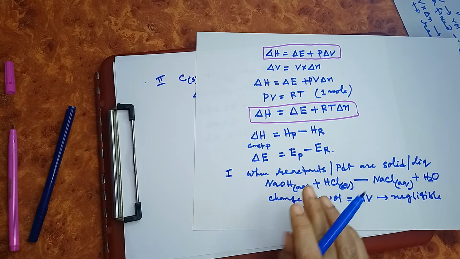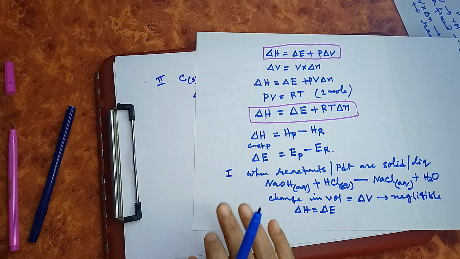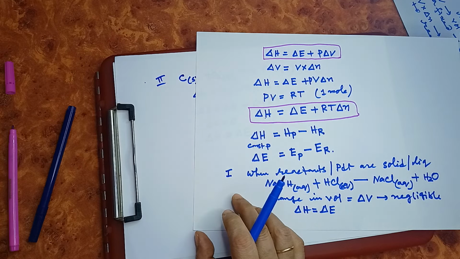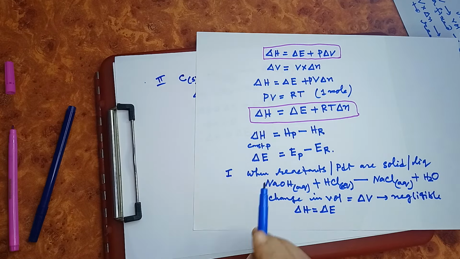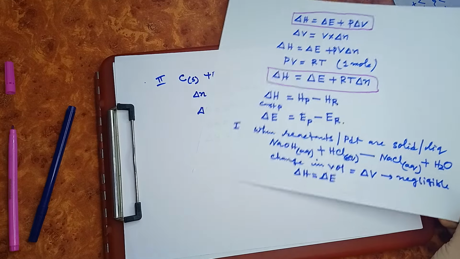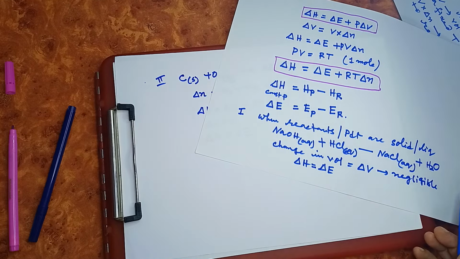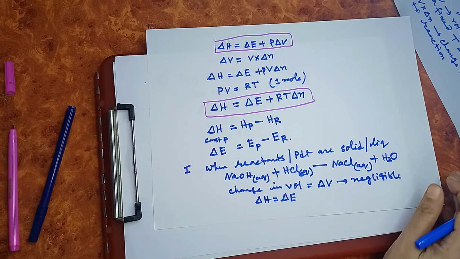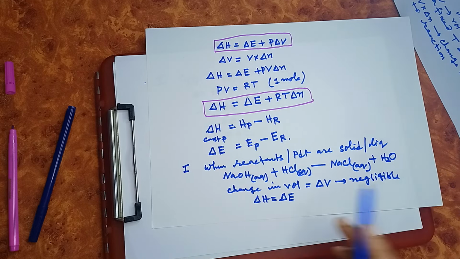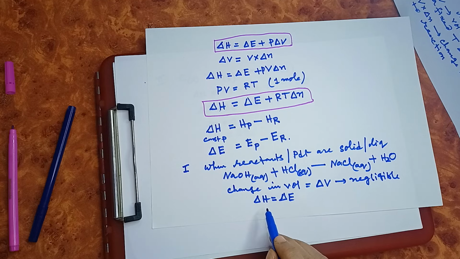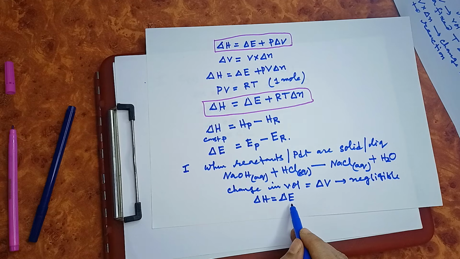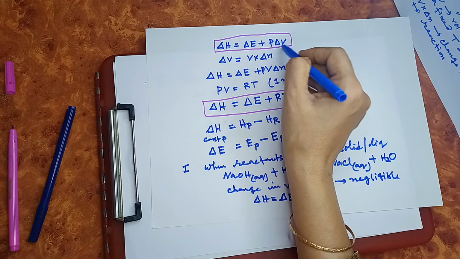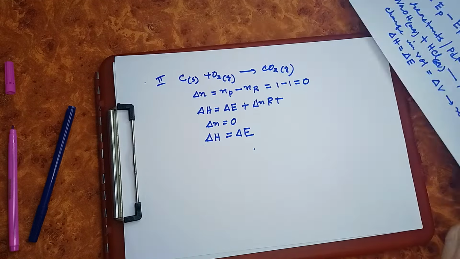And we are considering that these reactants and products are gaseous molecules. If the reactants and products are solid, liquid or in solution, the change in volume is negligible, that is delta V is negligible. In that case, heat of the reaction at constant pressure will be equal to heat of the reaction at constant volume, because delta V is 0.